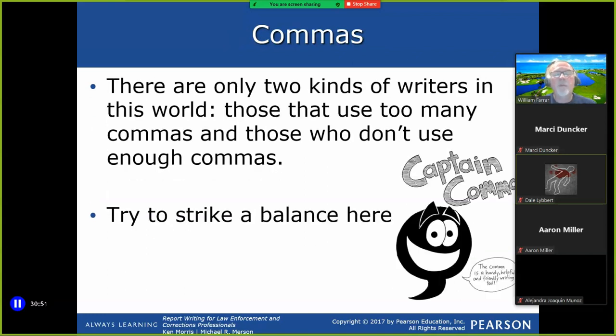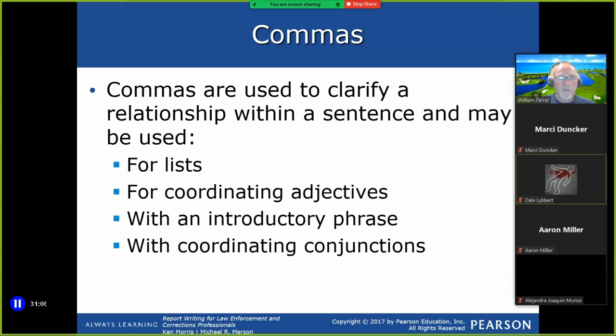And then finally, commas. This is tough because everybody kind of uses their own rule when it comes to commas. So there really are two kinds of writers in this world, those that use too many and those that don't use enough. So finding a happy medium is kind of important.